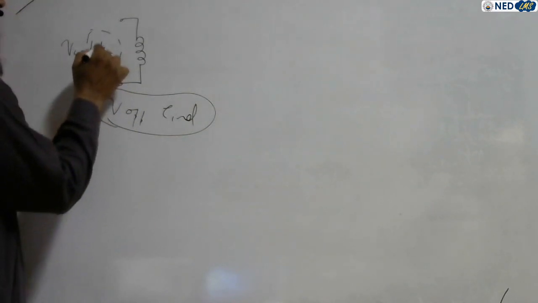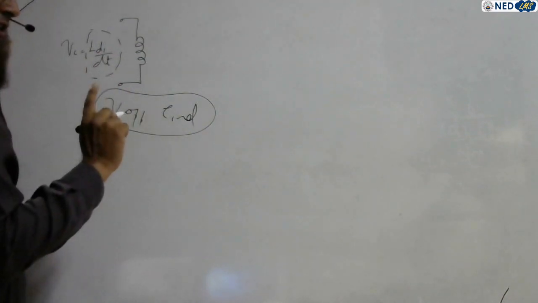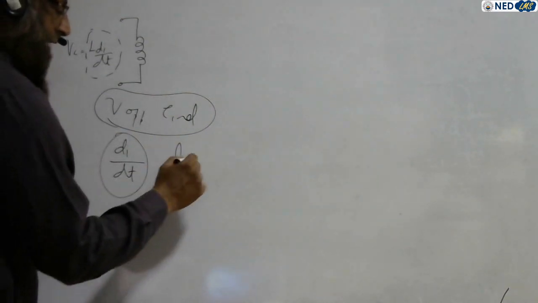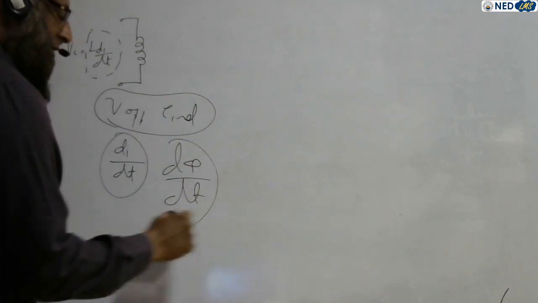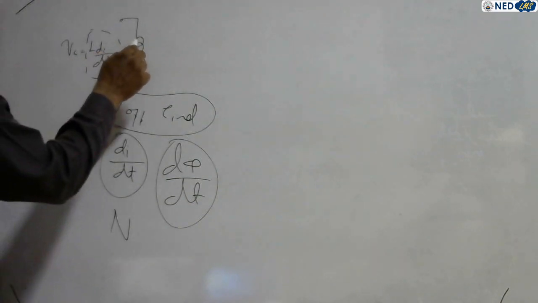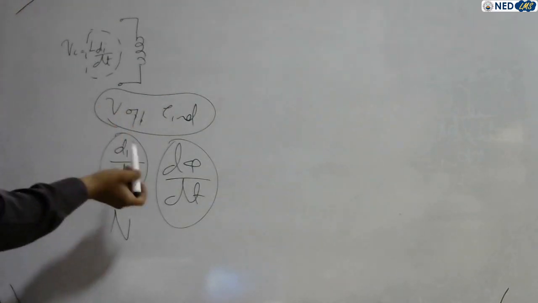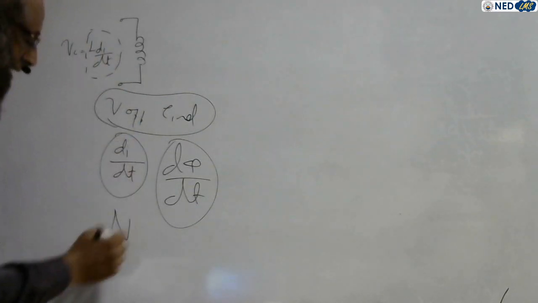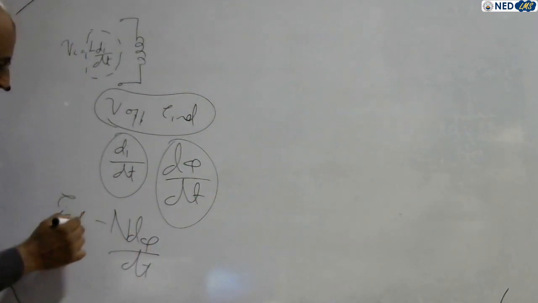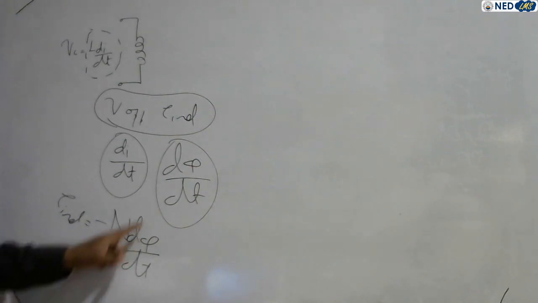It changes the rate of change of current, and the rate of change of current depends upon the rate of change of flux, di by dt being the rate of change of current with respect to time and d phi by dt the rate of change of flux with respect to time, and on the number of turns of the coil and the amount of current flowing in the coil. The induced voltage is minus N, the number of turns, times the rate of change of flux with respect to time.